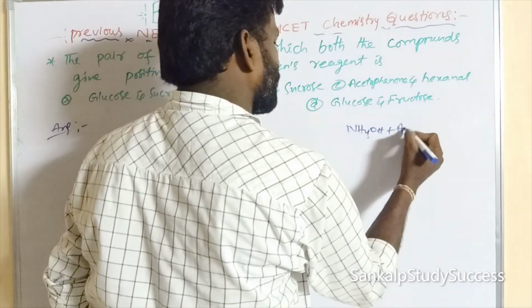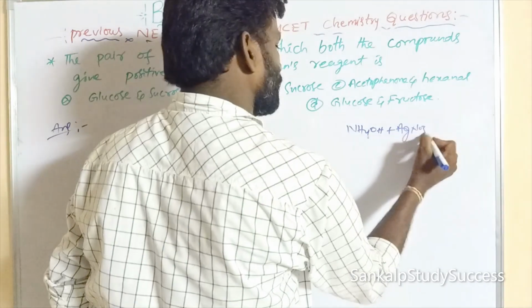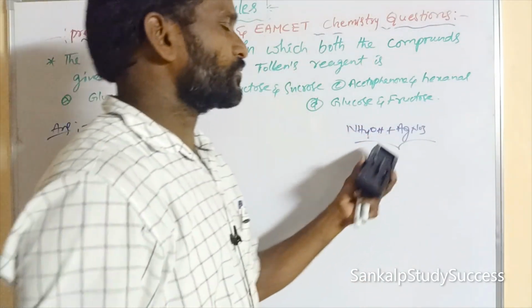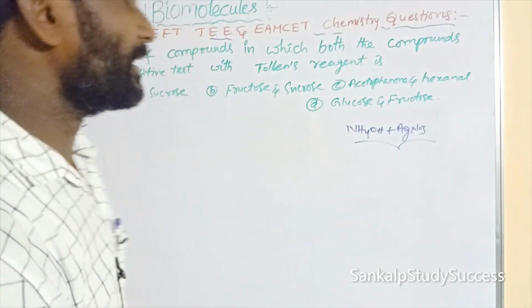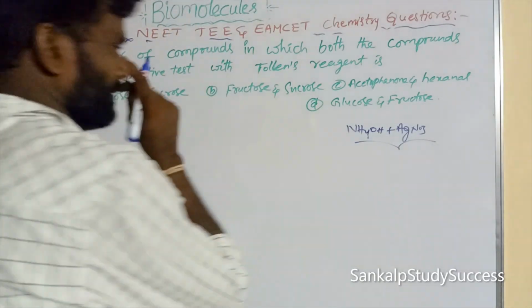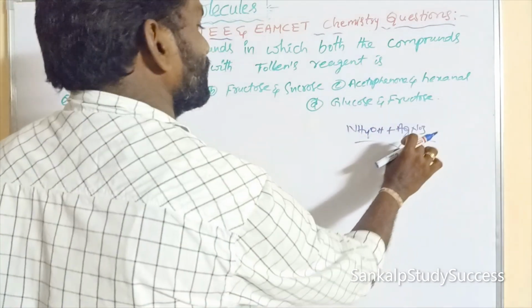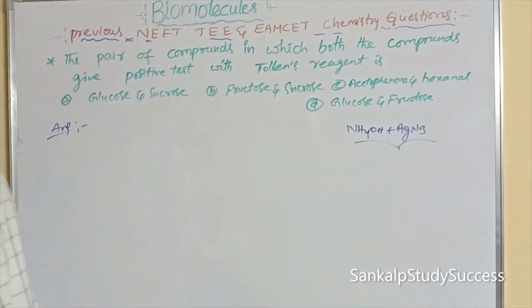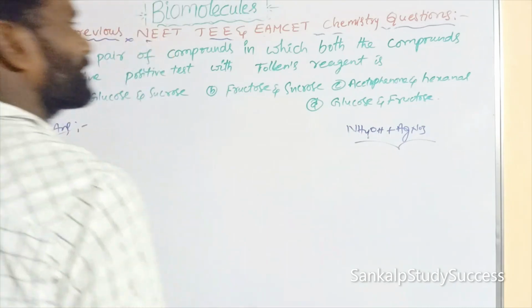These two mixed give you ammoniacal silver nitrate, right? In the Tollens test, a silver mirror forms, right? Here Ag2O will convert to Ag, right?